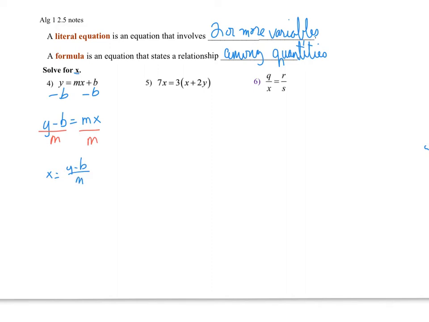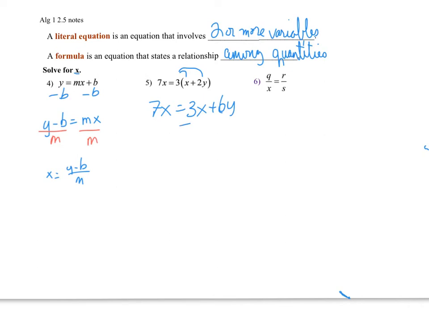Okay. Now, in number 5, what I'd like to do first, you guys are probably answering it before I am, is we're going to distribute this 3. So we are going to still have 7x on our left-hand side of our equation. Then we're going to have 3x plus 6y. Alright, next, I want to get x by itself, so what I need to do is get both x's on the same side of the equation.